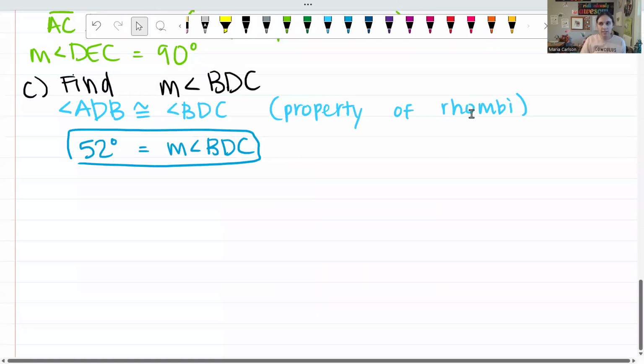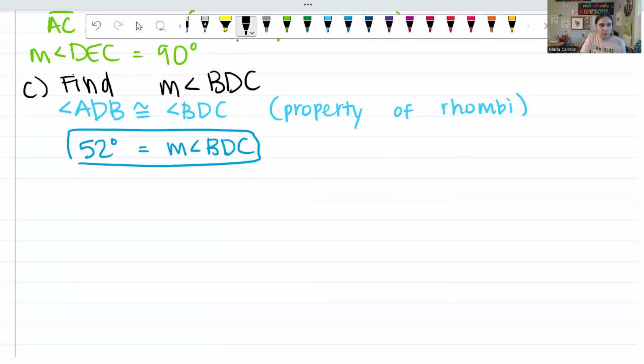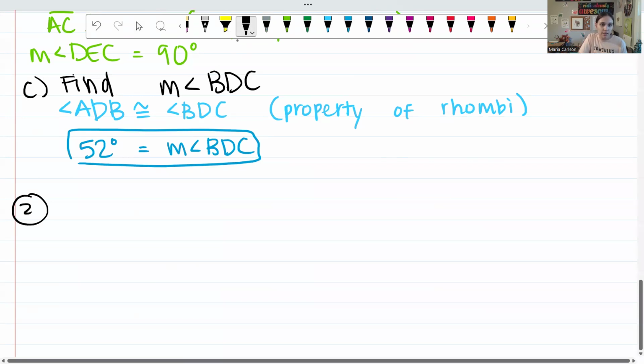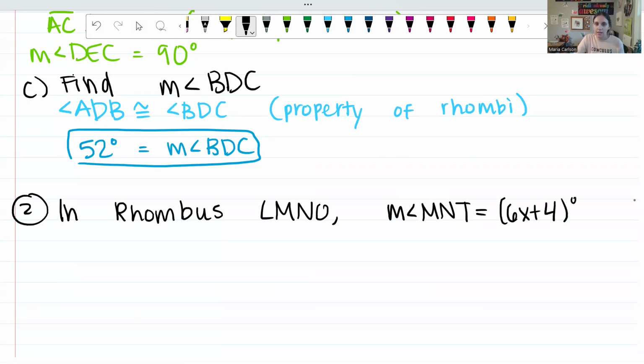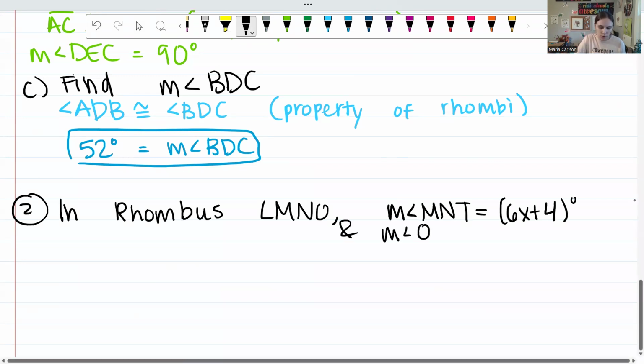All right, next example. Example 2, in rhombus LMNO, the measure of angle MNT is 6x plus 4 degrees, and the measure of angle ONT is 8x minus 8 degrees.